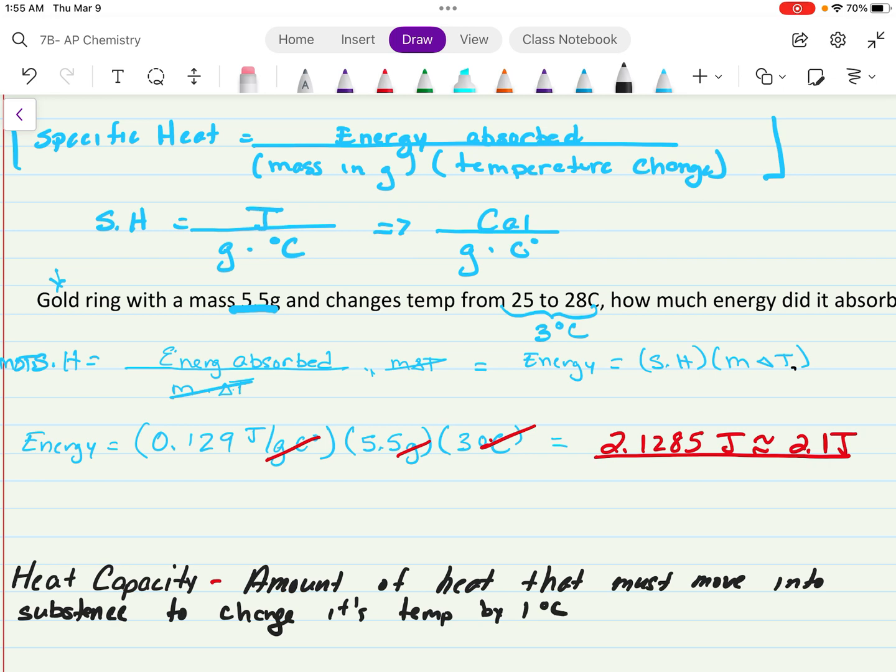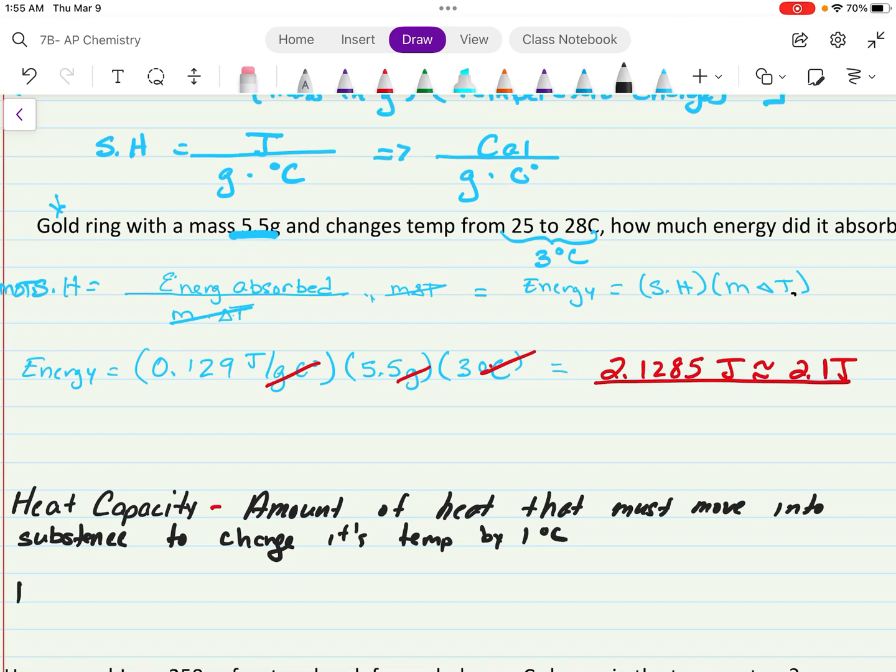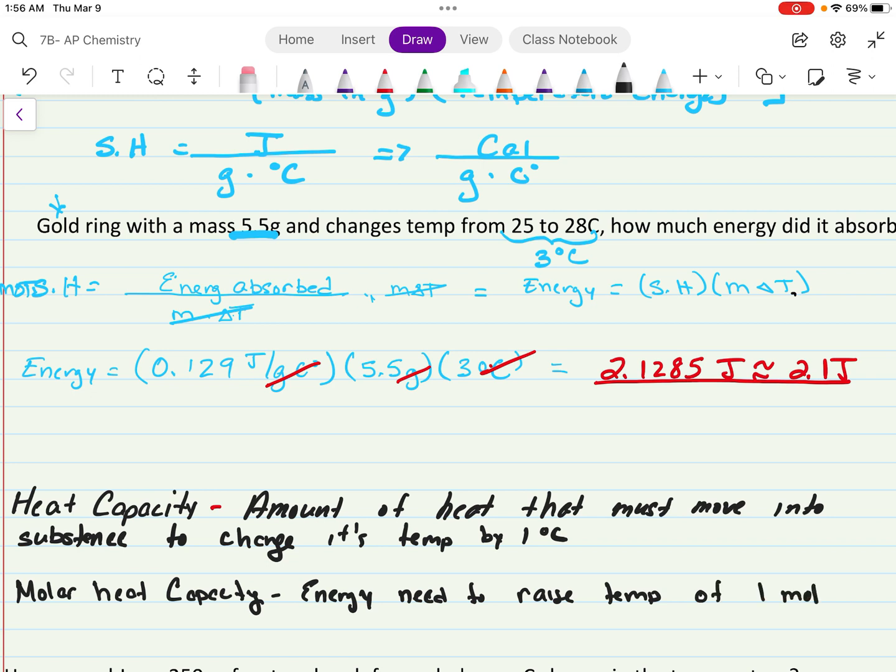Okay. When we're talking about molar heat capacity, then what we're talking about is the energy needed to raise the temperature of 1 mole of a substance by 1 degree.